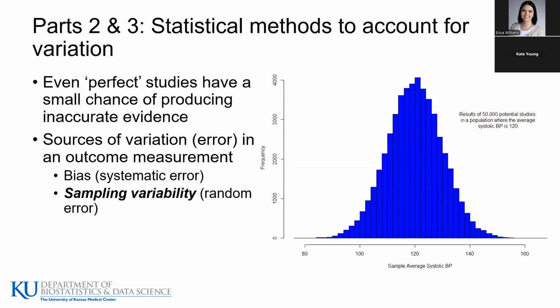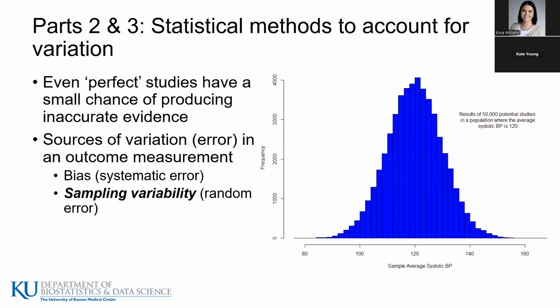There are two sources of variation in the outcome measure, both bias and sampling variability. Bias refers to any systematic error, systematic difference from what the true parameter value in the population is. And sampling variability comes from taking a sample from the population rather than looking at the whole population.